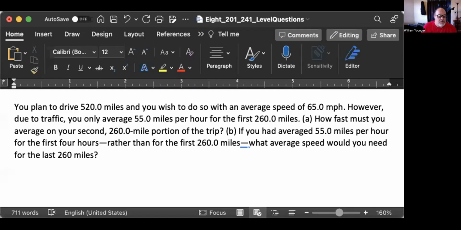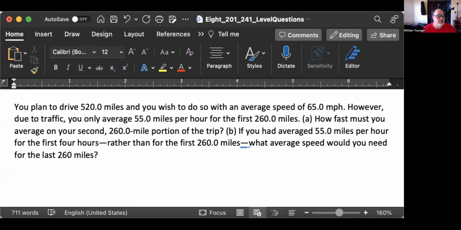So let's start by sharing the screen so you can see the actual problem that we're working. It says you plan to drive 520.0 miles and you wish to do so with an average speed of 65 miles per hour. However, due to traffic, you only average 55 miles per hour for the first 260 miles.